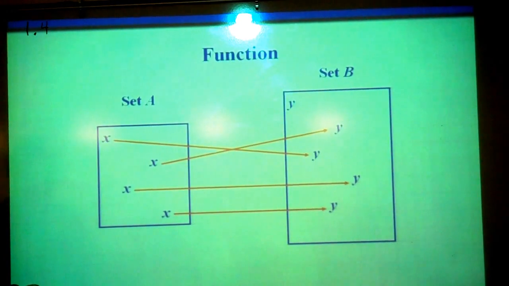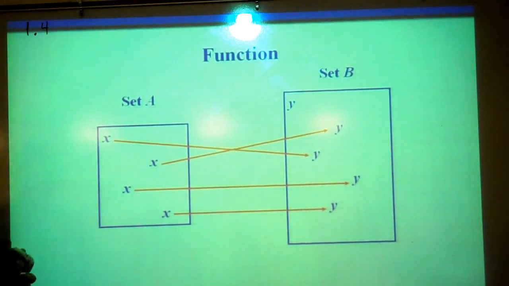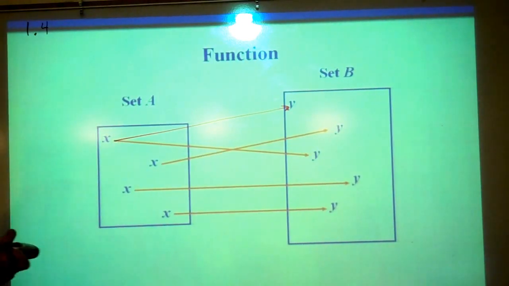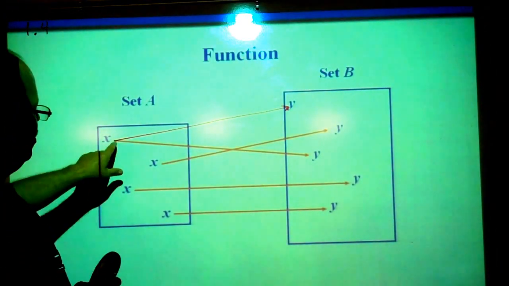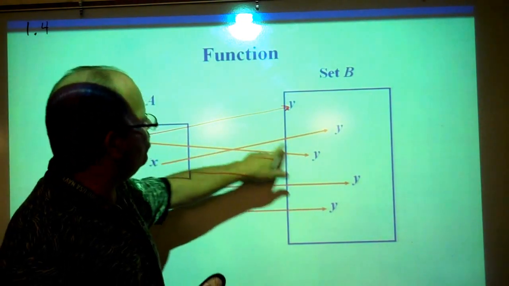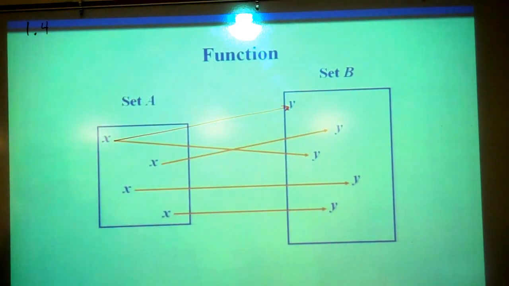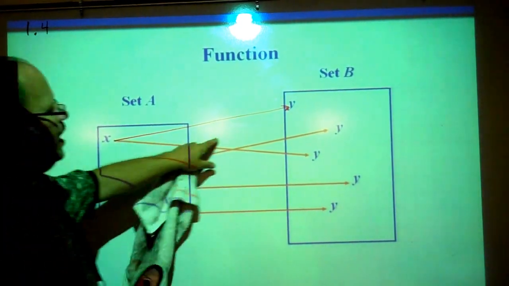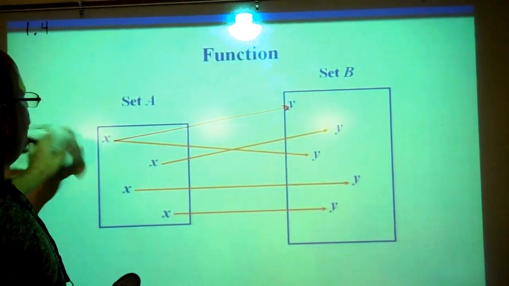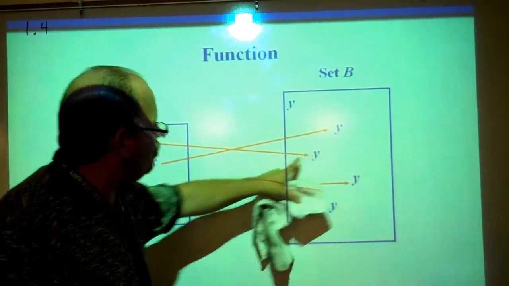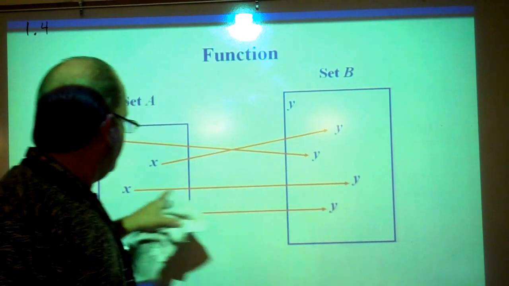If we had another line here from this x to this one, it would no longer be a function, because this input would have two different possible outputs. So if this was the case, this would be a relation, but it would not be a function. Again, each x goes to one and only one y.